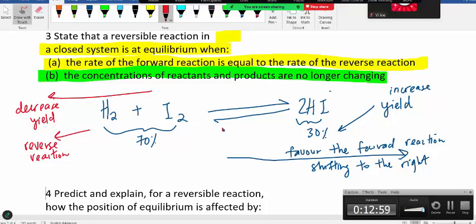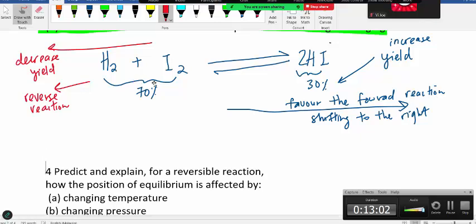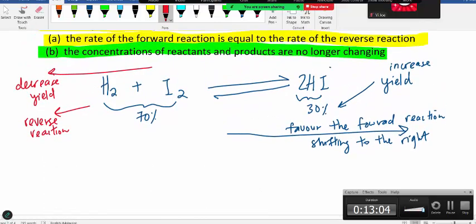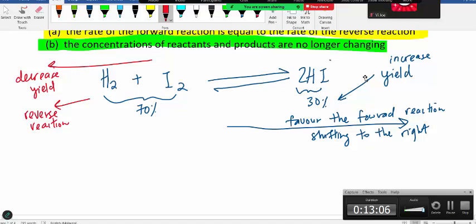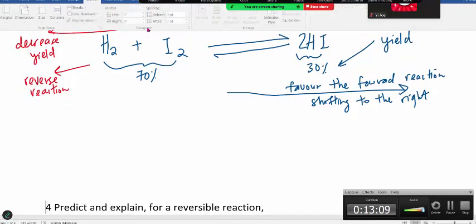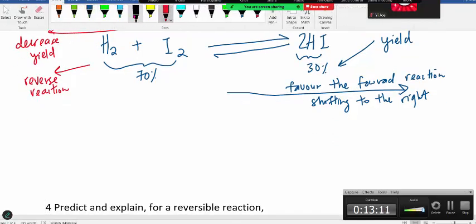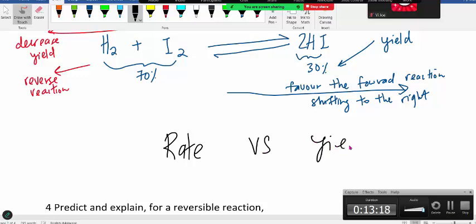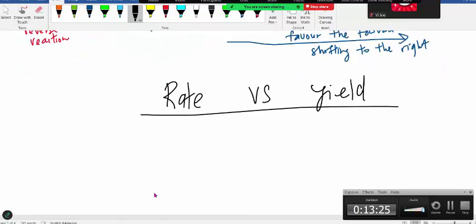Okay. What are the 5 factors that affect rate? So this is yield. Now we're going to talk about yield versus rate. Yield is the percentage of the product. Rate is how fast. What are the factors that affect rate? Temperature.